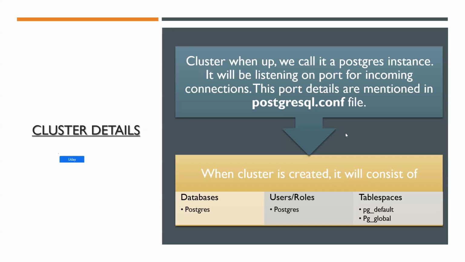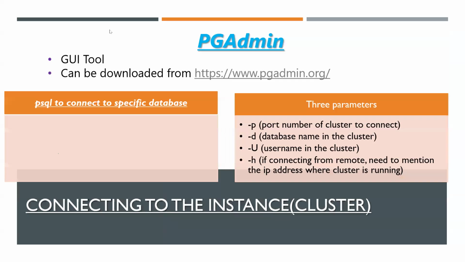As I told you last time also, we have two ways of authenticating to PostgreSQL. One is the graphical user interface, that is nothing but pgAdmin 4. The other is the command line. Today our focus will be the command line.